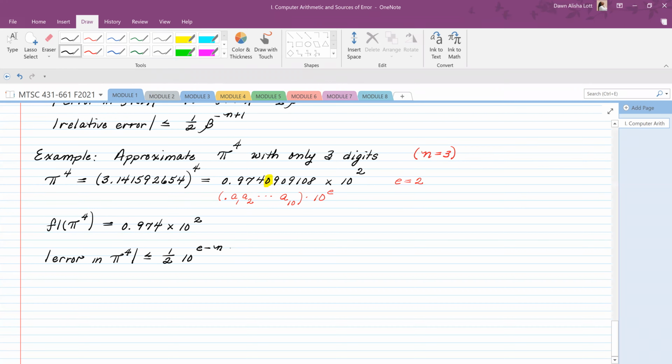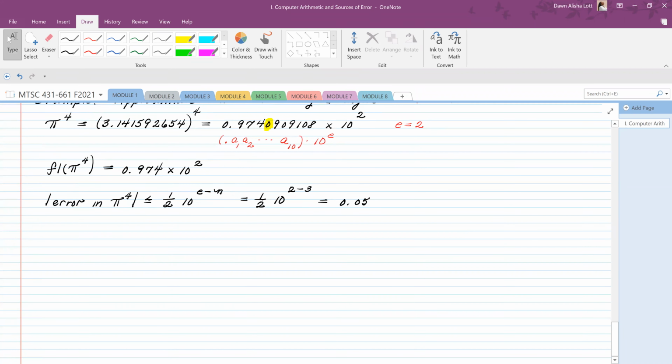So this should be 1/2 times 10 to the 2 minus 3, which is 1/2 times 10 to the minus 1. So this is 0.05. The true error should be less than 0.05.